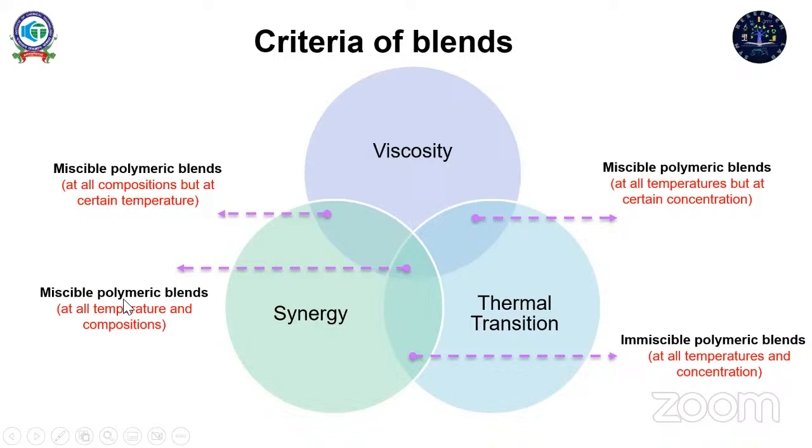And in this region, you will see miscible polymeric blends, which are miscible at all temperatures and at all compositions. Whereas in this region of viscosity and synergy, you will have miscible polymeric blends, which are miscible at any composition, but at a certain temperature.